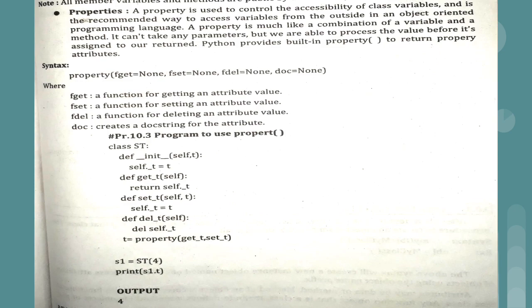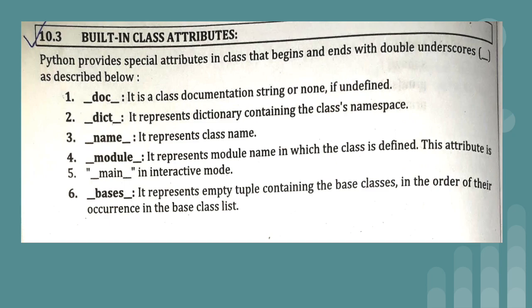So this is properties. Then we have built-in class attributes. We have __doc__; like we have seen __init__, with double underscores before and after, this particular attribute we use to create a constructor.